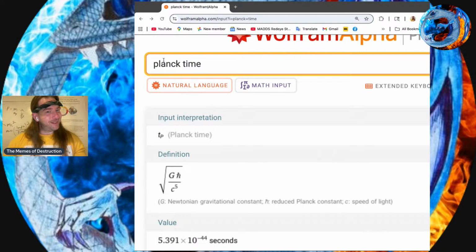The first word in Planck time is Planck. Pretty sure, and again, could be wrong, he derived h, Planck's constant, in its original form by pouring through the data and asking what the heck he would need to put in to make it work. It happened to be about 6.6 times 10 to the minus 34 joule seconds.